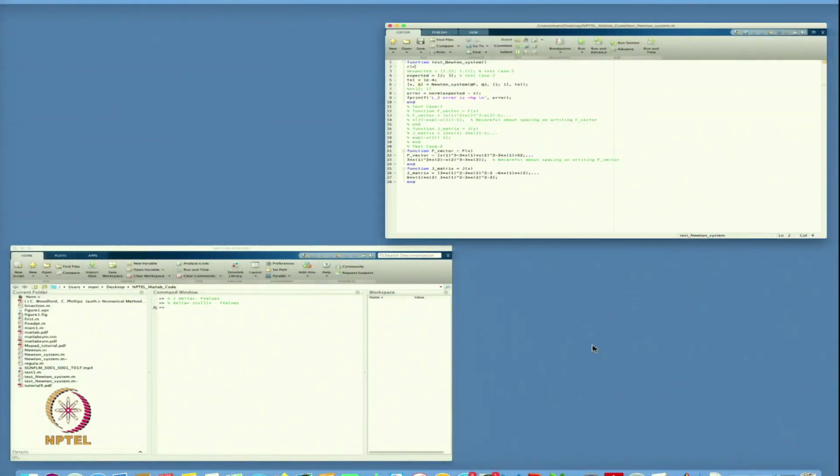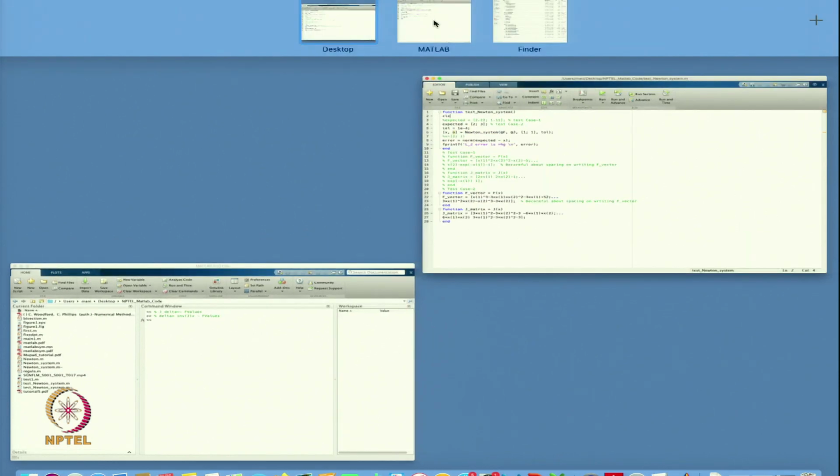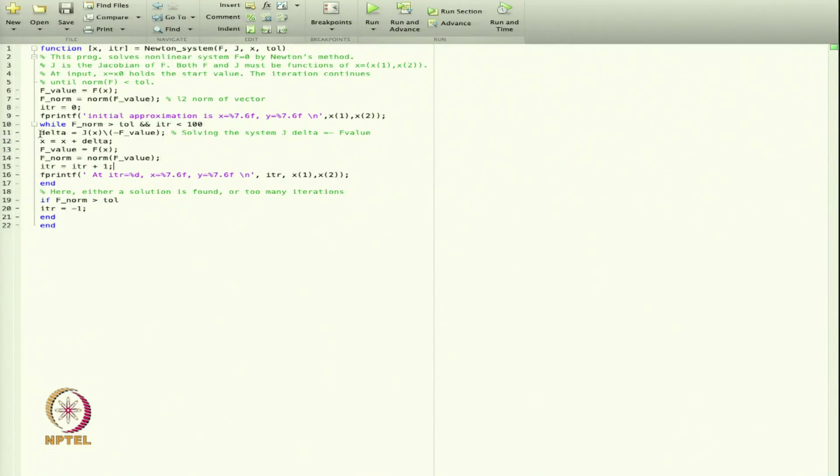This is the backslash we are going to use. In this case f value is the value of the function. So, this is the Jacobian and this is the backslash. Backslash is basically the left inverse. So, it is going to give you the left inverse, with J and the value of the function. It is going to solve the system J delta is equal to minus f value. From here this system will be solved and I will get the value of delta.